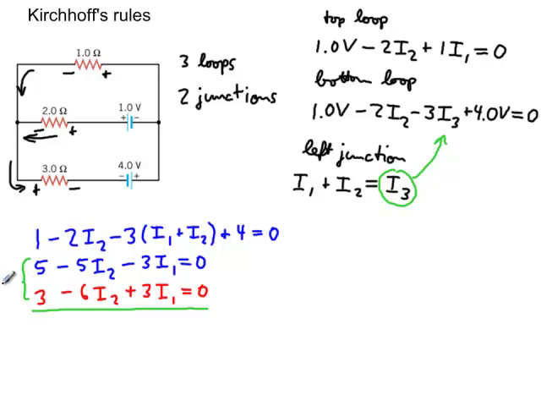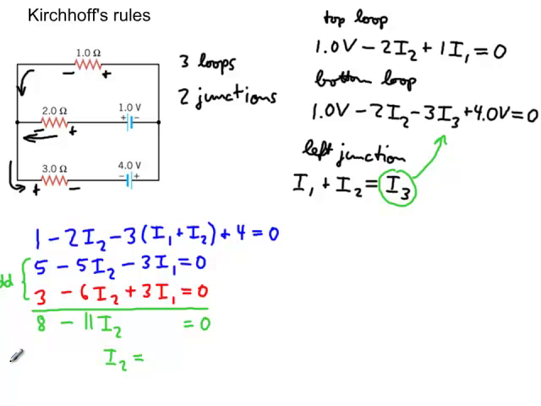So add, and I'm going to have 8 minus 11I2 and here I'm going to have 0, yep, equals 0, and therefore I2 is going to equal, well, it's going to be positive 11I2, then divide by 11, so 8 over 11.